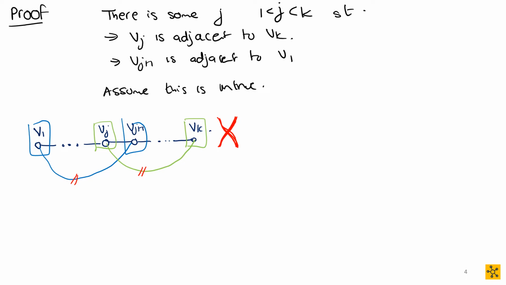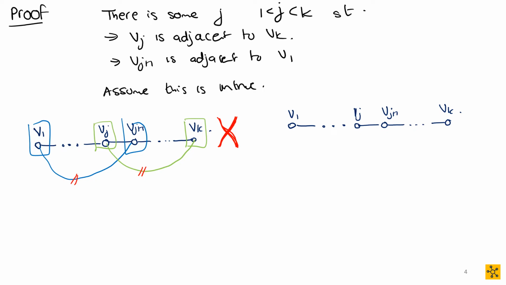Okay, so the easiest one to visualize usually is the case where we don't have both of them. So if we don't have both of them, we have this path. So we have V1, again going to Vj, Vj going to Vj plus 1, continuing on to Vk. So we have that path.